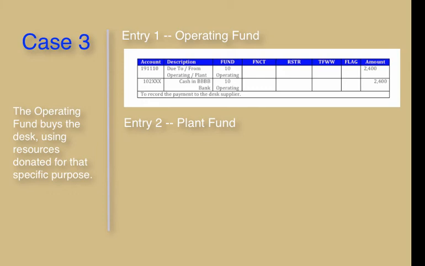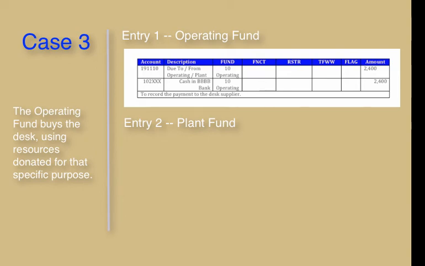In the operating fund, we need to debit account 191110, due to from operating plant, with an analysis of Fund 10. The credit side will go to account 102 something, the cash in the bank account, with an analysis of Fund 10. This records the payment to the desk supplier, and it brings the balance in the 191110 account to 0.